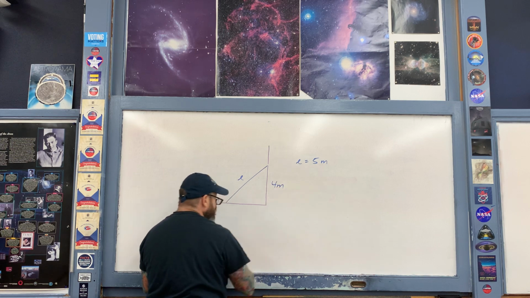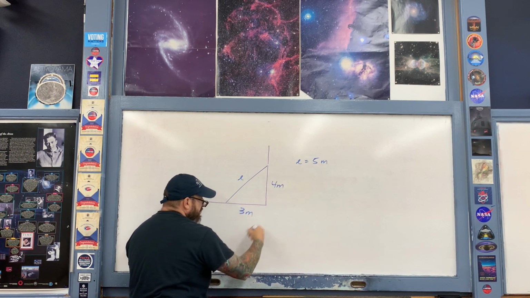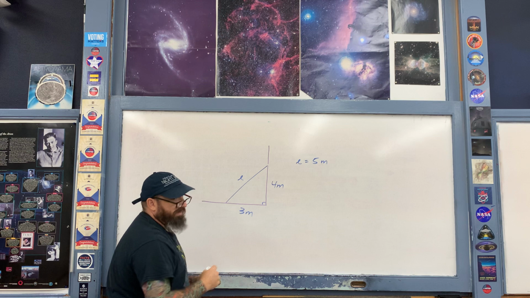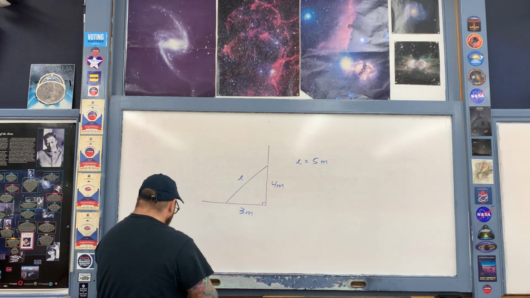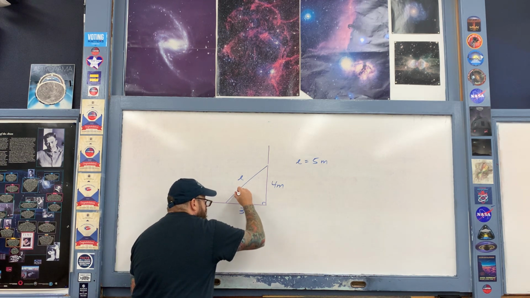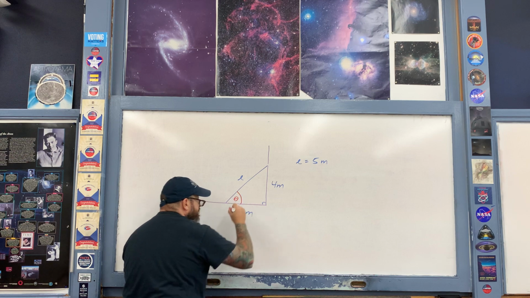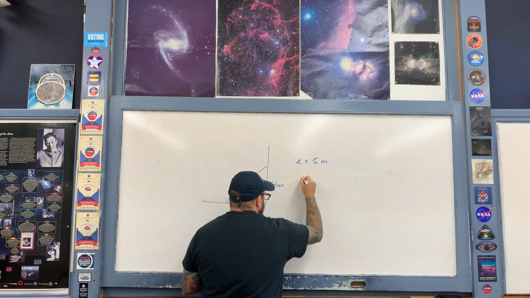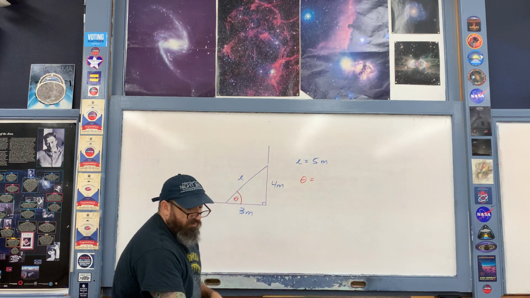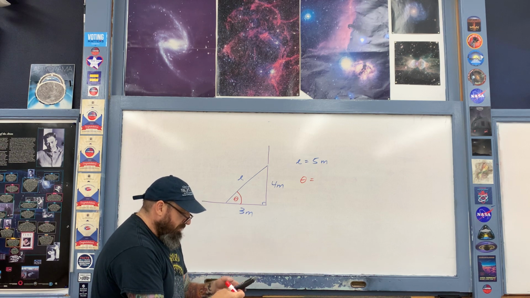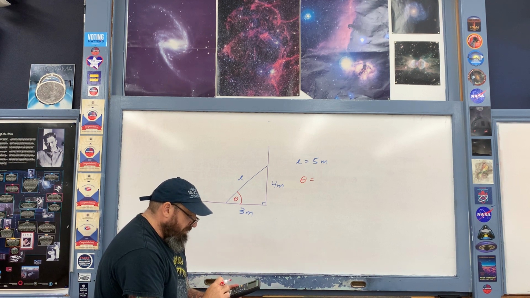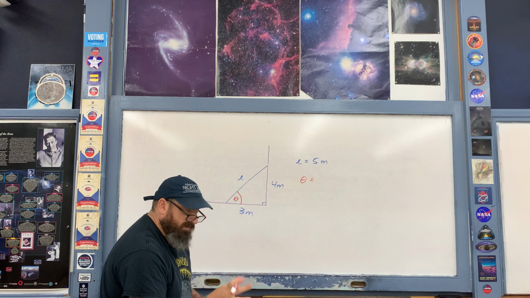So this is 4 meters, therefore this right here is 3 meters. I just constructed here a 3, 4, 5 right triangle for simplicity. Now we are going to need this angle here eventually in the problem, call it theta, so let's go ahead and find that. So the inverse tangent of 4/3, and that works out to be about a 53-degree angle.